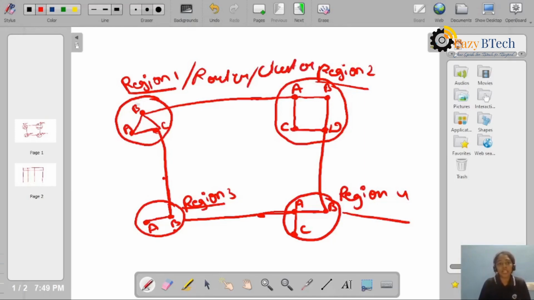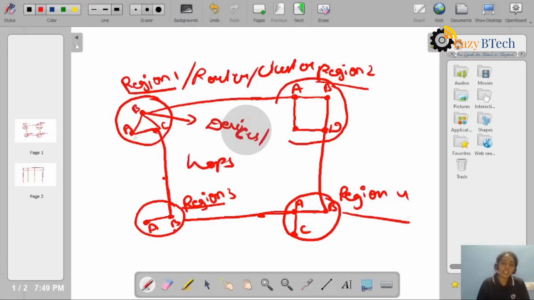These are the devices or hosts. In region one, these three hosts are maintained by one router, and these hosts are maintained by another router.